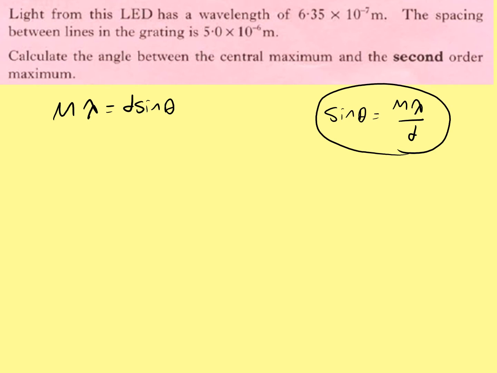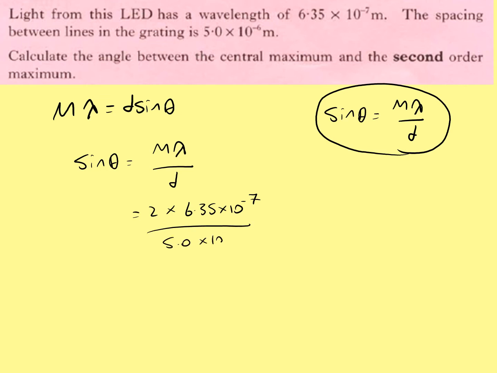I'm going to use it here. Sine theta is equal to m lambda over d, which is 2 times 6.35 times 10 to the negative 7 divided by 5.0 times 10 to the negative 6.